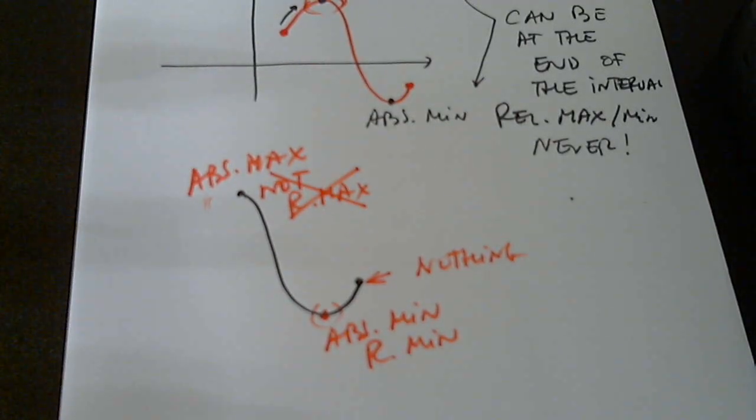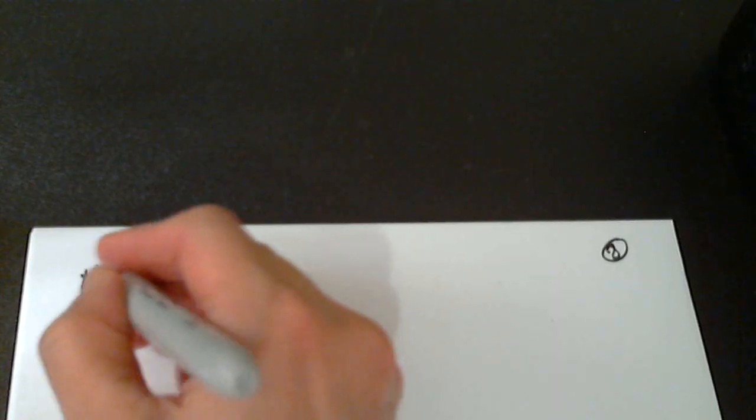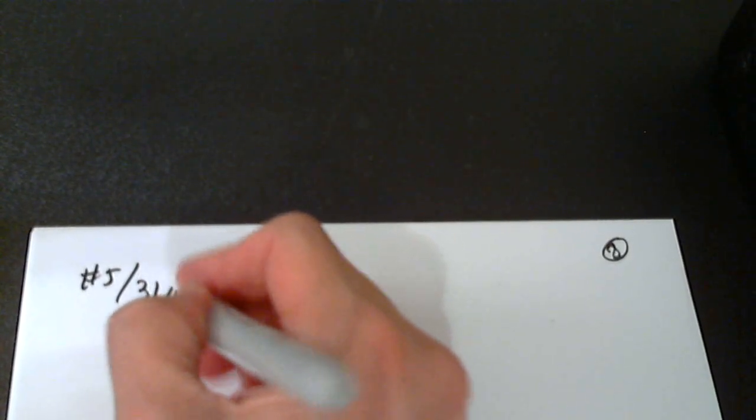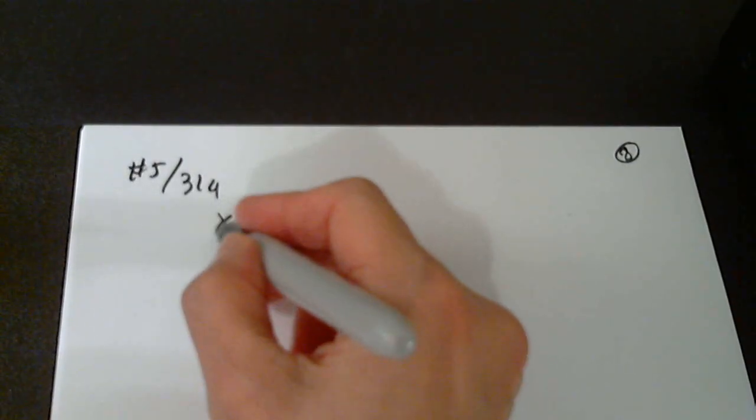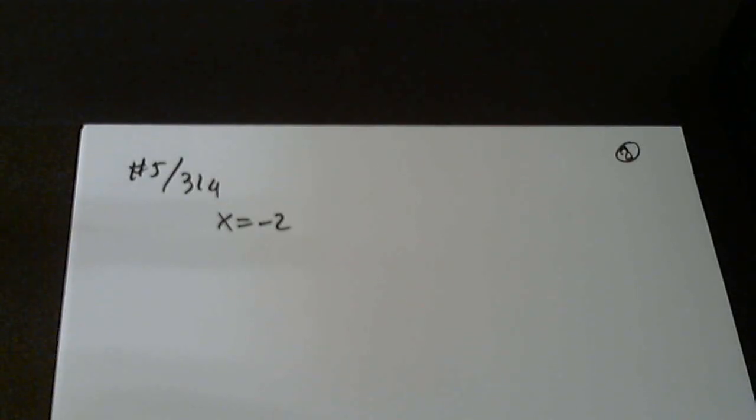So let me write it down. We chose problem 5 on page 314. So at x equals -2, what will you say? What happens here at x equals -2? I don't care about the y value.